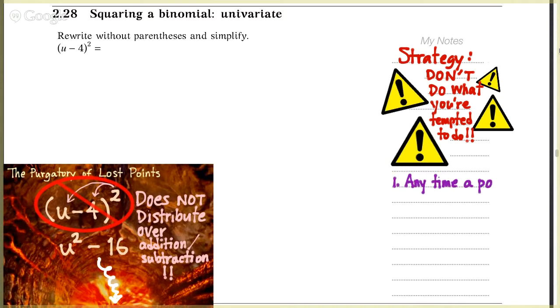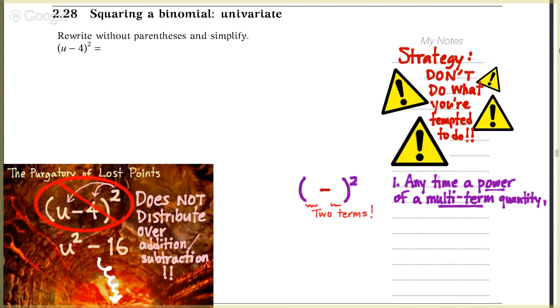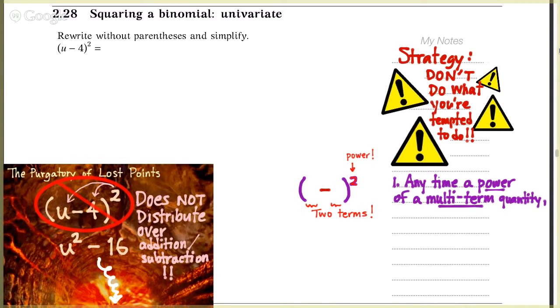So what should we do instead? Well, again, anytime there's a power happening to a multi-term quantity, so here it's a polynomial, u minus 4, the strategy is always to not see the power as a power. Strategy should be, again, not to distribute, but instead to rewrite.